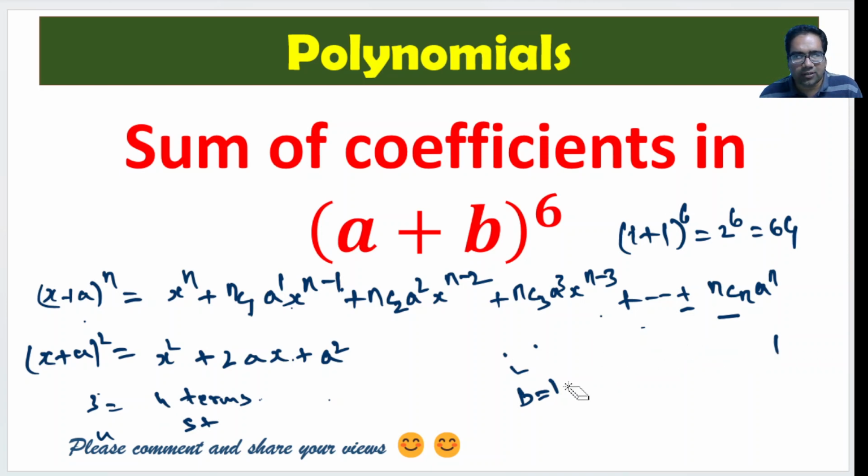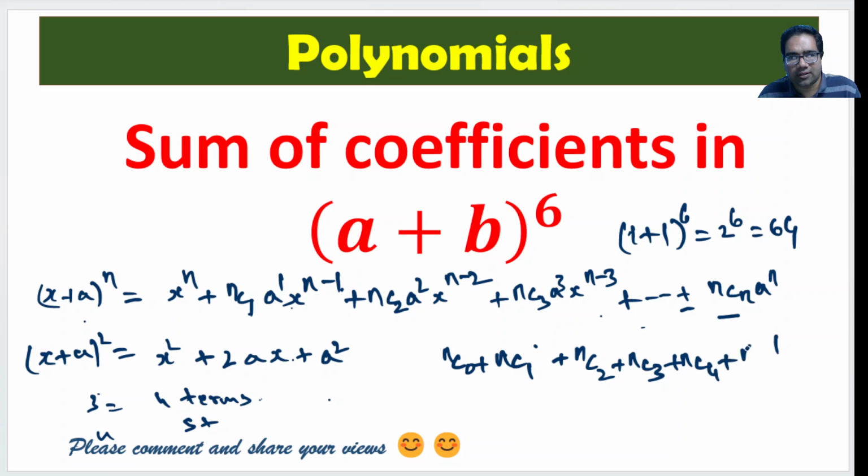So if it is (a plus b) whole power 6, then the coefficients are nC0, nC1, nC2, plus nC3, and we have 7 terms: 1, 2, 3, 4, then nC4, nC5, plus nC6, which makes 5, 6, 7.